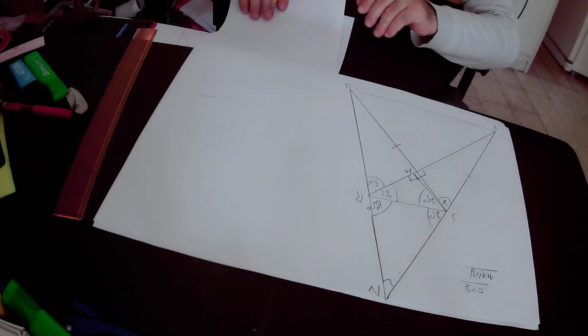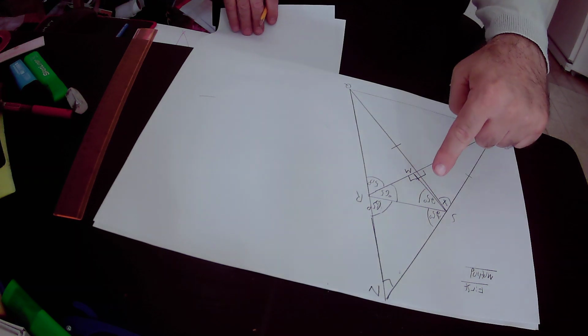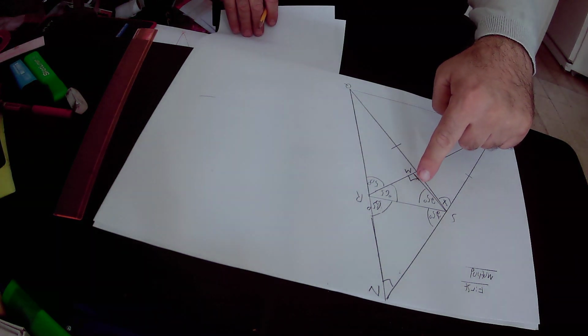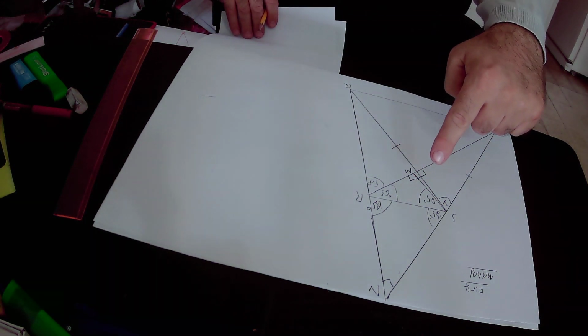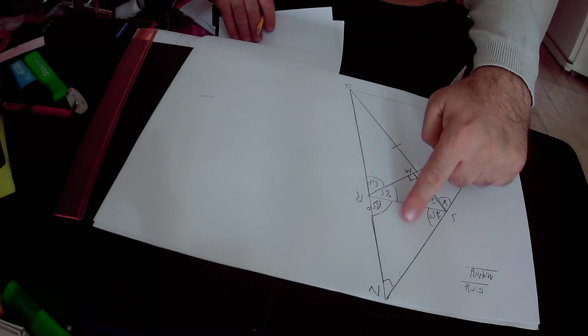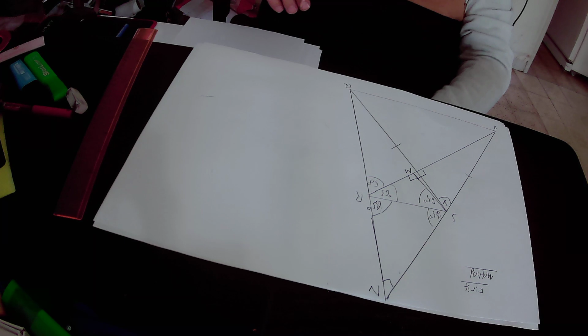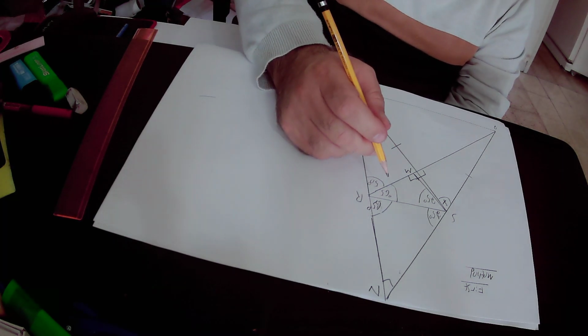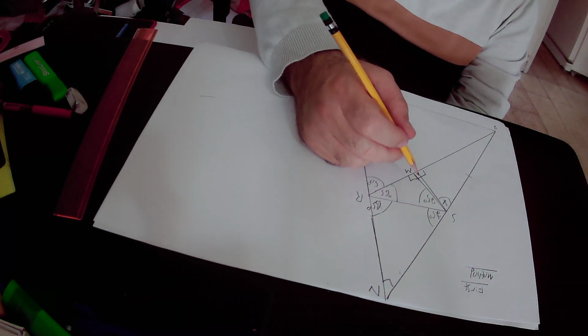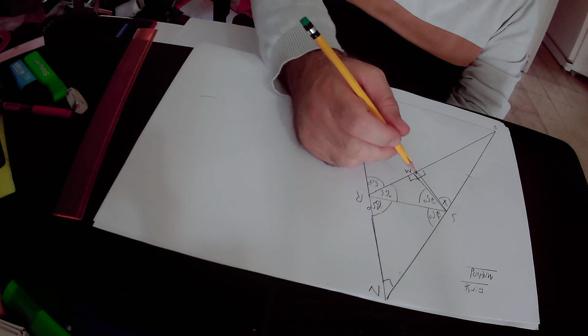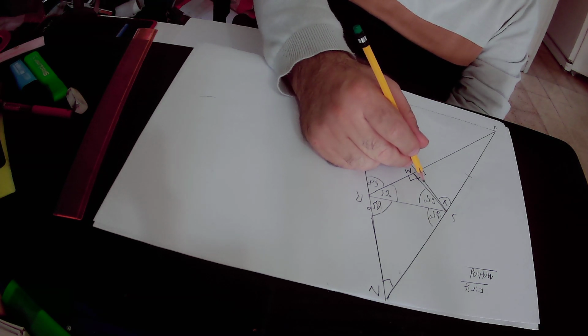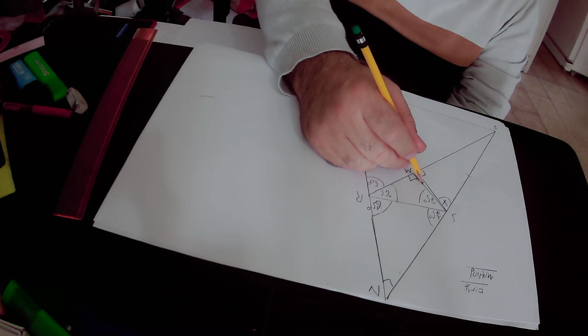Okay, so from the fact that the right triangle SMR is congruent to the right triangle SNR, we can conclude that those two sides are equal to each other.